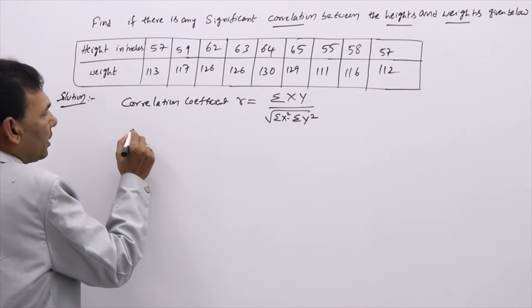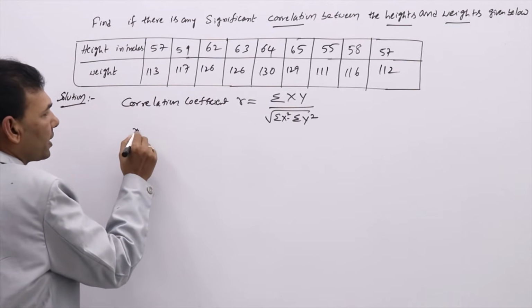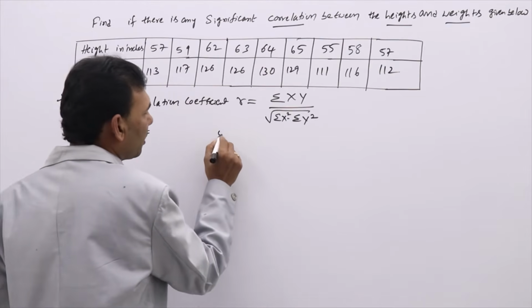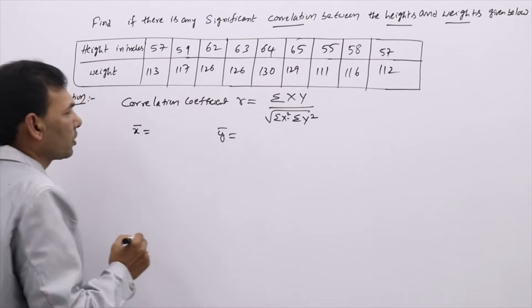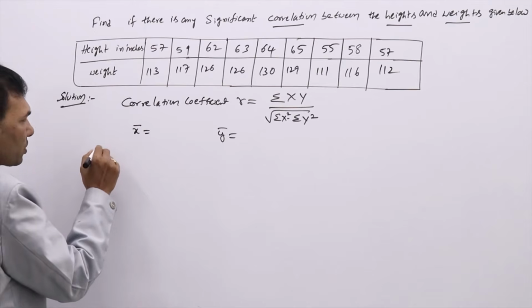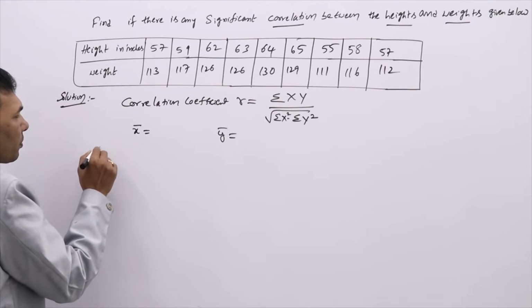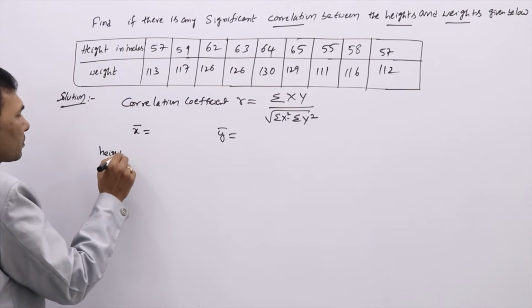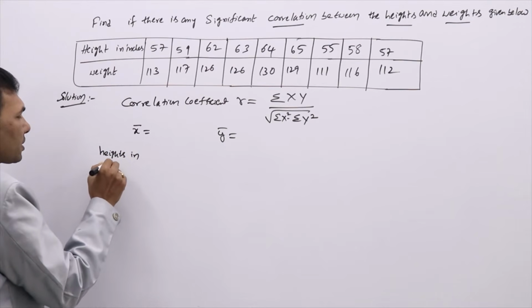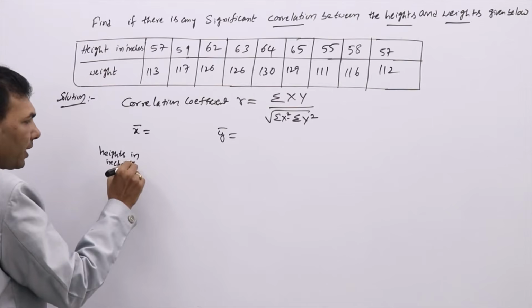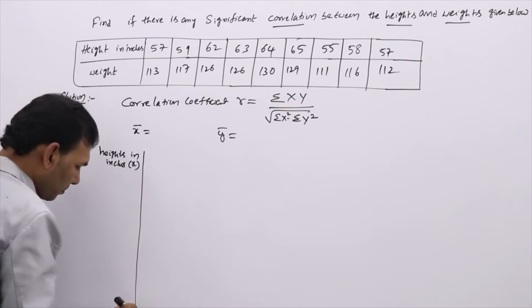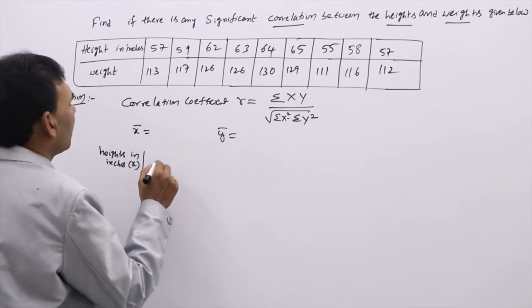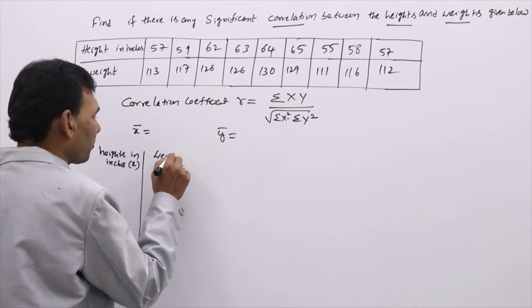For that, first you need to find x bar and y bar. So x bar is the sum of x values. What we are assuming, heights in inches is taken as small x and weight is taken as y.